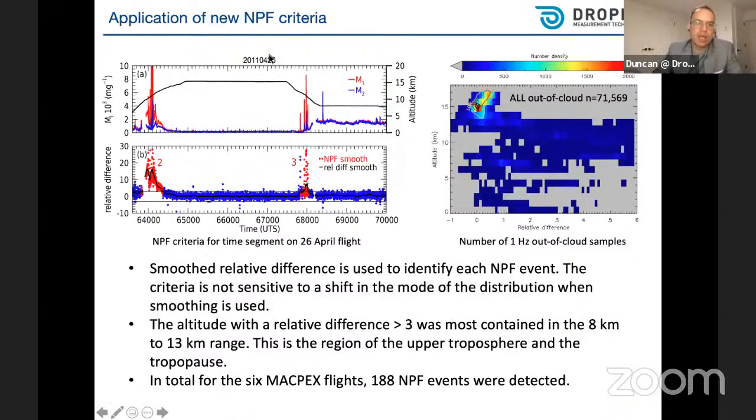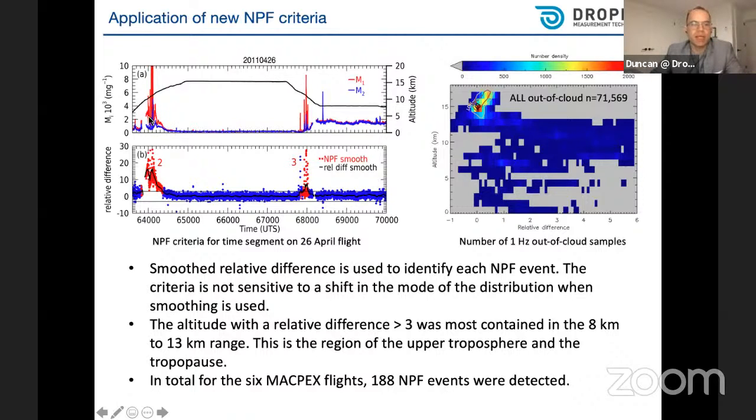If we see the upper figure from 26th April, 2011, you have the two mixing ratios being plotted as a time series. So mixing ratio 1 is the 4 nanometer channel, and mixing ratio 2, in blue, is the 8 nanometer channel. And you see that there's certain times when the mixing ratio 1 is higher than mixing ratio 2.